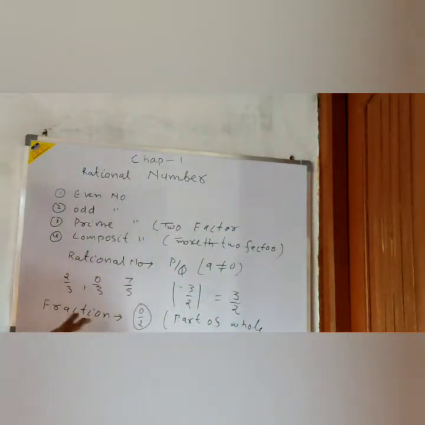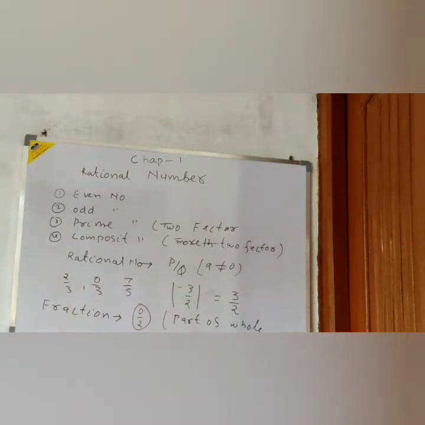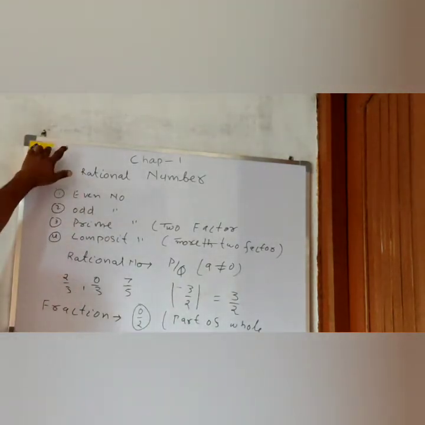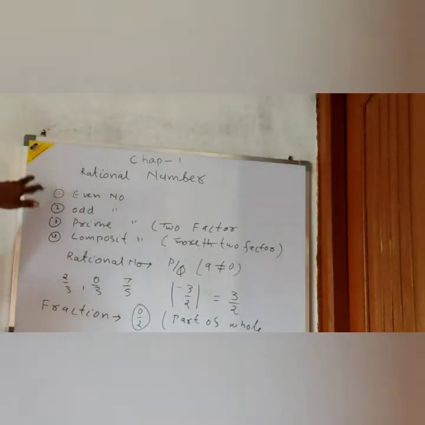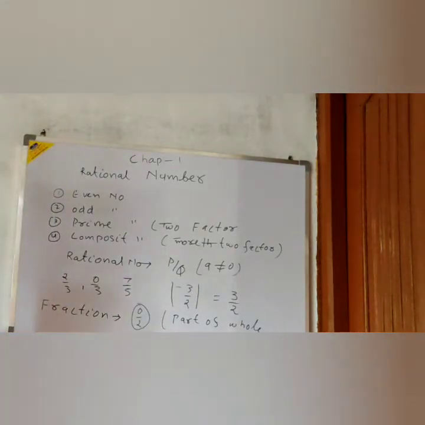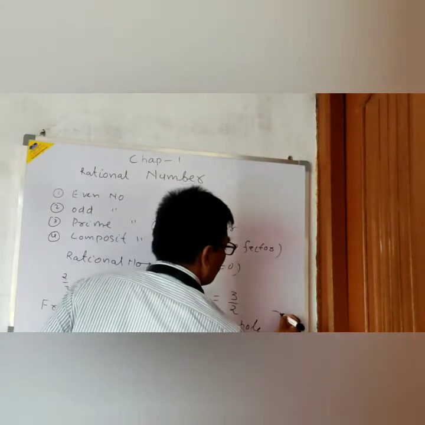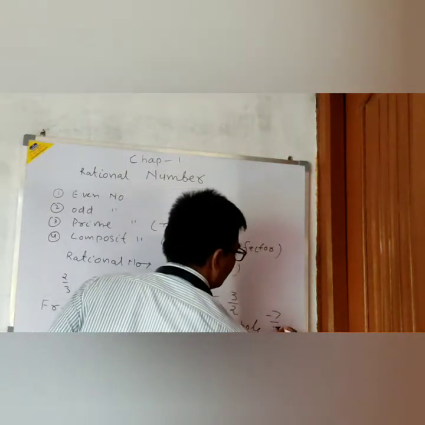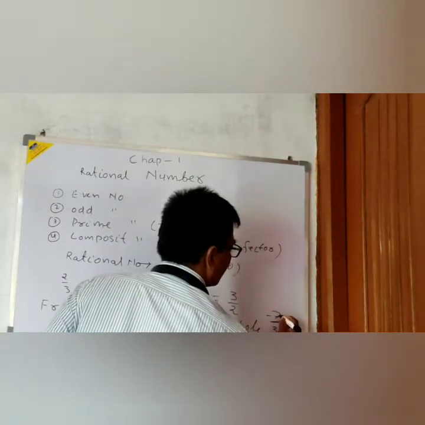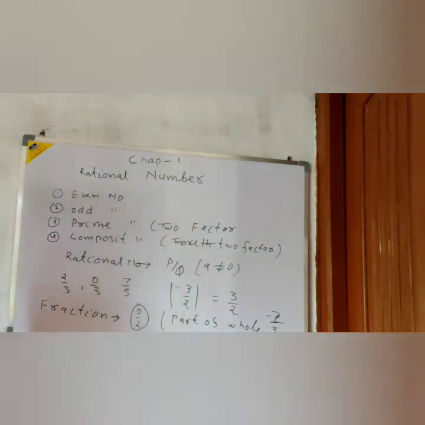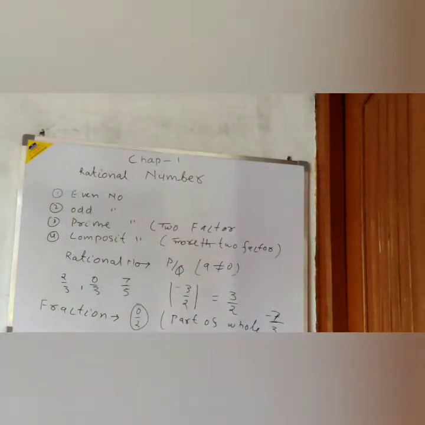A fraction is a part of a whole and a rational number is in the form of p by q. So every fraction becomes a rational number, but not every rational number becomes a fraction, because 7 by 3 and minus 7 by 3 are rational numbers, but not fractions.